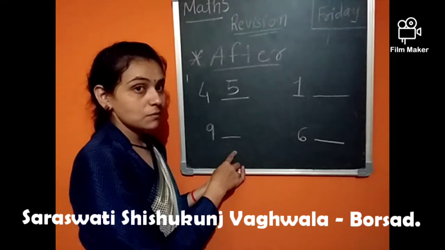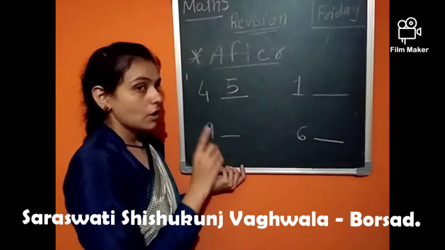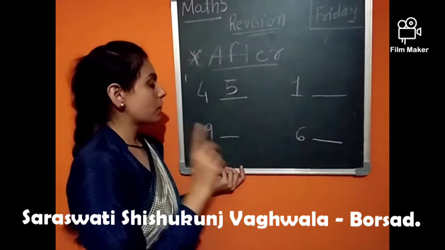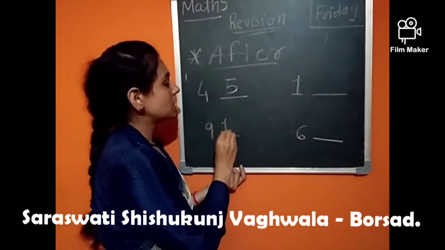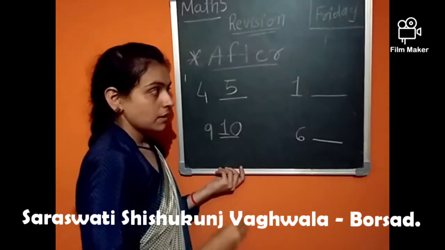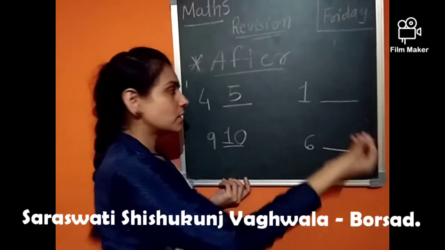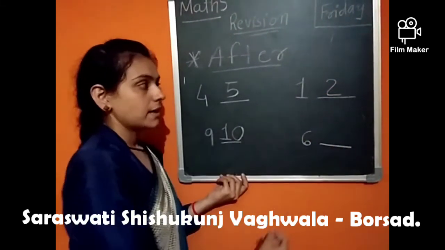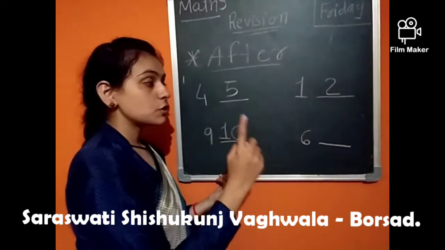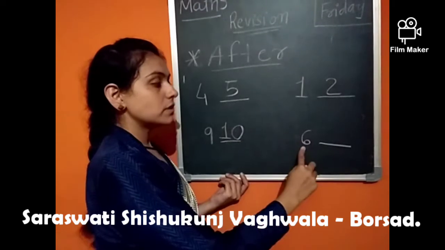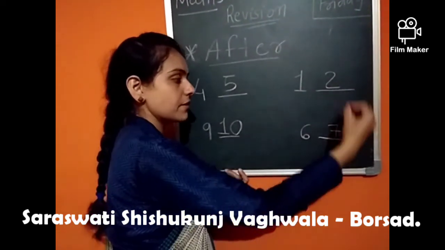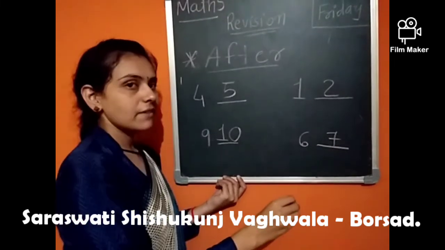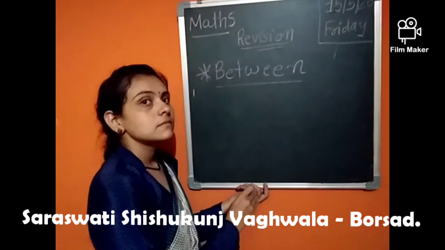After 9 what comes? Speak the numbers 1, 2, 3, 4, 5, 6, 7, 8, 9. After 9, 10. Same way, after 1, so easy, 2, right? Then 6. Speak the numbers 1, 2, 3, 4, 5, 6. After 6, 7. Okay? After numbers are very easy, right?